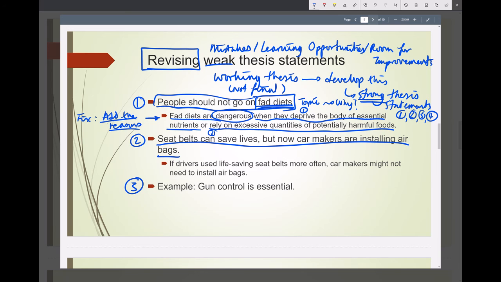So maybe these are things like an all-carb diet perhaps, or a no-carb diet. So maybe all rice and all potatoes, or no rice and no potatoes, or just all meat, or maybe use different products. So here you see there are reasons or ways that's being added to fix this.